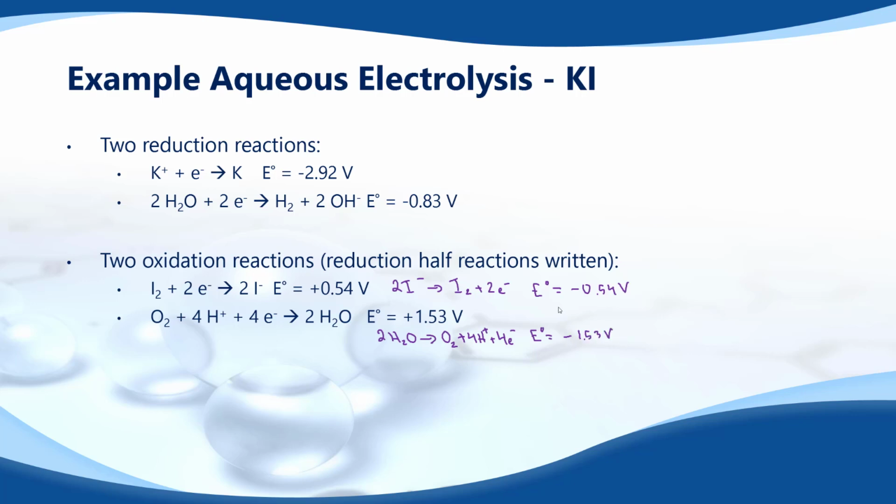Right, so now all we're going to do is figure out which of these numbers give us the most positive result. For our two reduction reactions, the one that gives us the most positive result here is water turning into hydrogen gas.